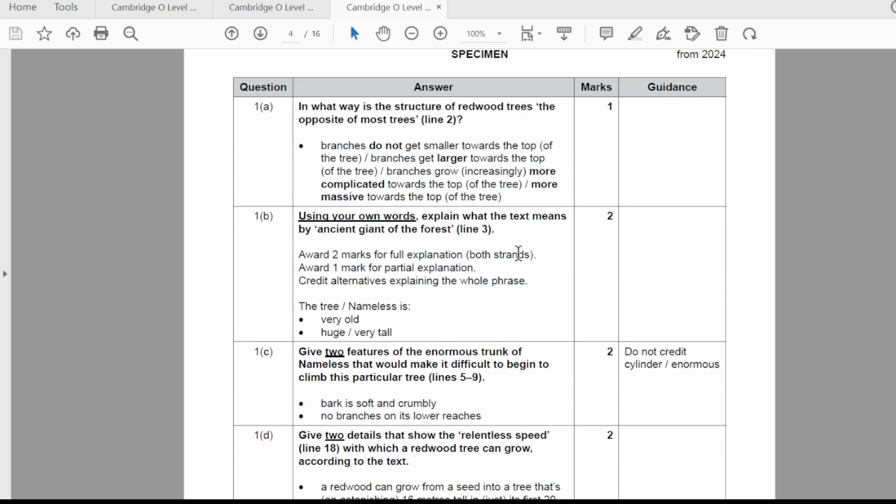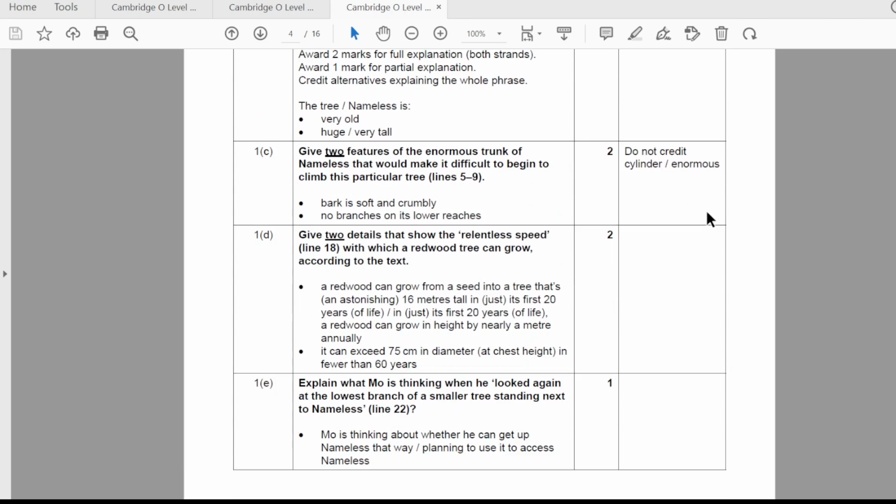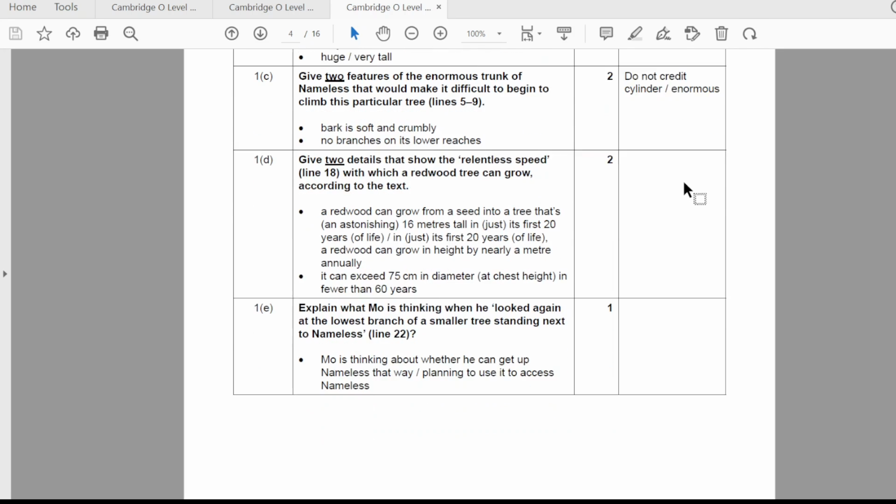Another thing you will notice is there's a column for guidance, and that's where they mention what will not be accepted as an answer. So two features of the enormous trunk of Nameless, which will make it difficult to climb, and these are the two expected answers. But if someone mentions cylinder or enormous, then that will not be awarded any marks.